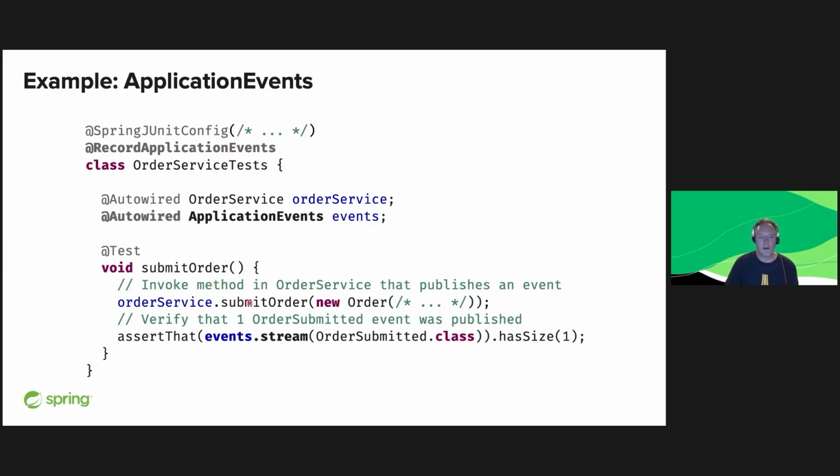We're invoking the submit order method on the order service, and we're supposing that this should publish an event in Spring's application context. So once that is completed, we can now assert that that has happened. So based on these events, we can stream all events of type OrderSubmitted, and then we can check the size, or we can interact with those and assert various elements of that OrderSubmitted object.